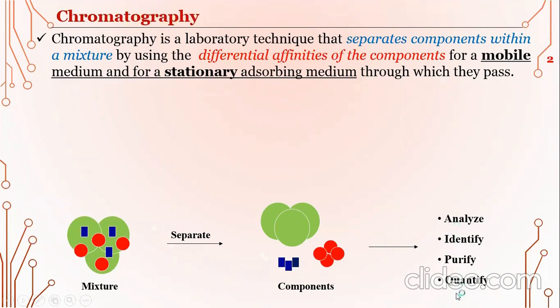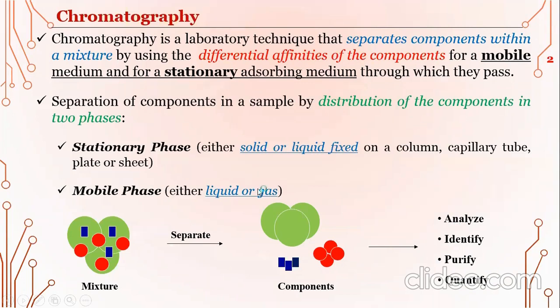Separation of components in a sample is by distribution of components in 2 phases: the first is the stationary phase, and the second is the mobile phase. Stationary phase could either be solid or liquid, and that could be fixed.